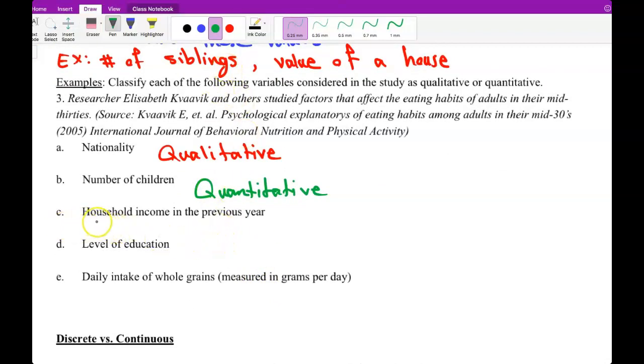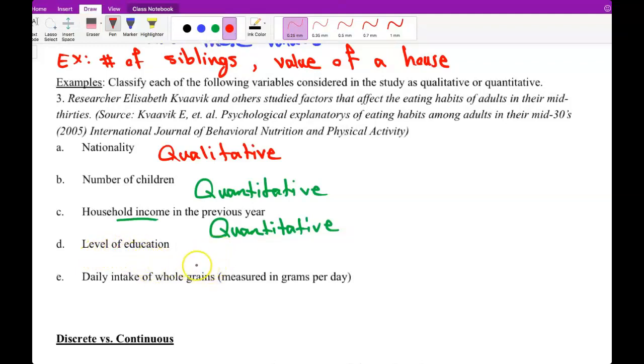Here is part C, household income. We can count that. Again, quantitative. This is level of education. We're not able to count that.